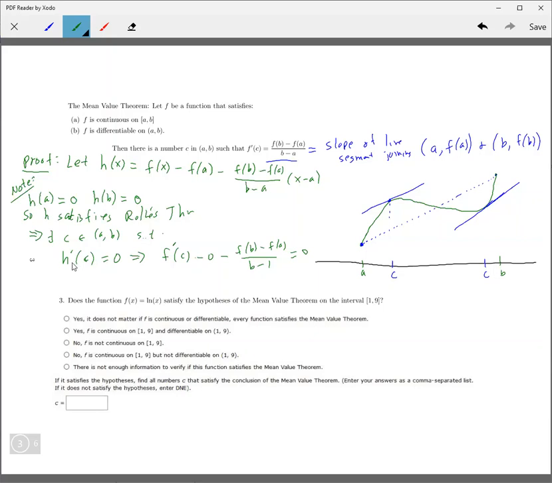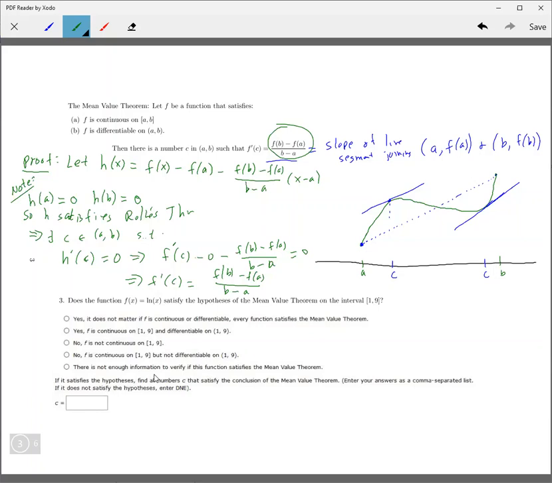And that's all got to be 0. The derivative is 0. And that means that f prime of c is equal to f of b minus f of a over b minus a. That's not a 1, that's an a. Which is the conclusion here, okay? So that's the proof of it.